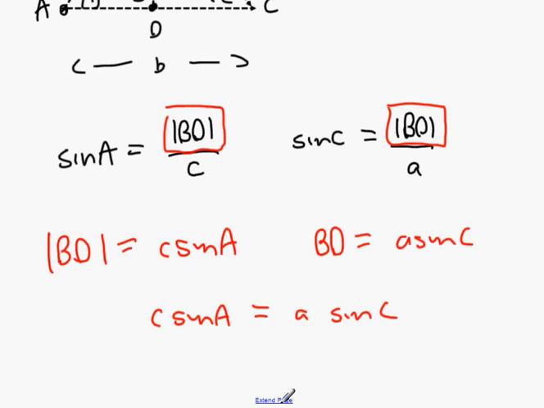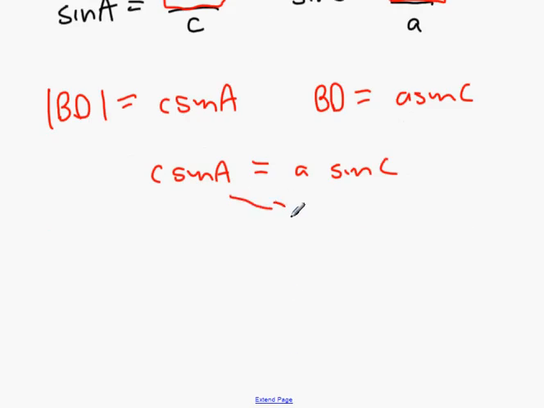It wants it that way. So I'm going to bring the sine A underneath and the sine C underneath. So I'm going to have c over sine C equals a over sine A, and hence the sine rule is proven.